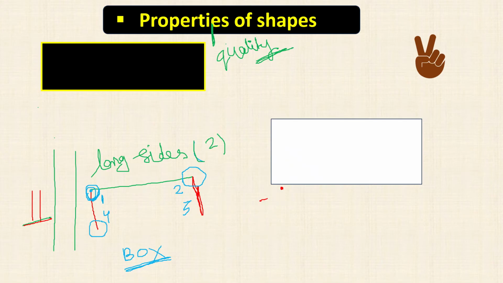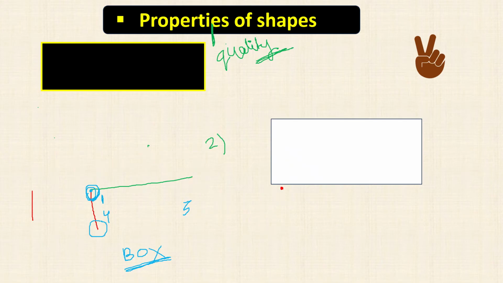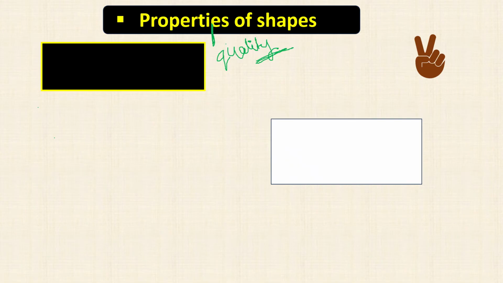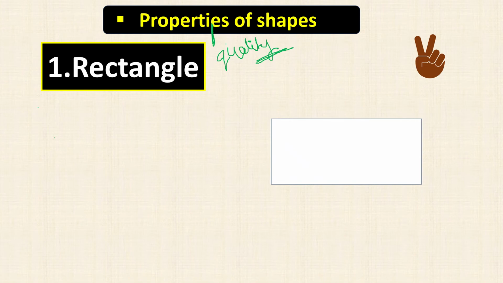So erase it from here, and now we properly talk about the properties of which image? The first one, which we considered a rectangle. Look at the properties.